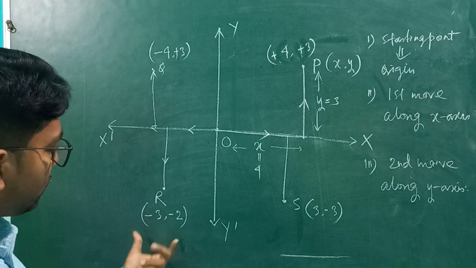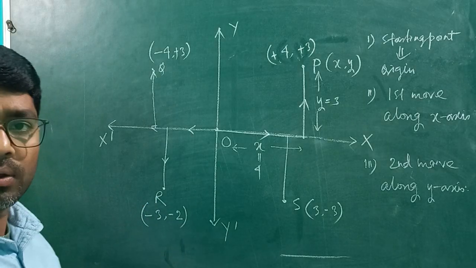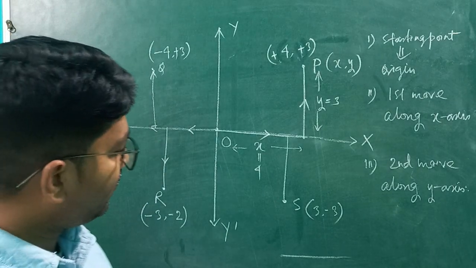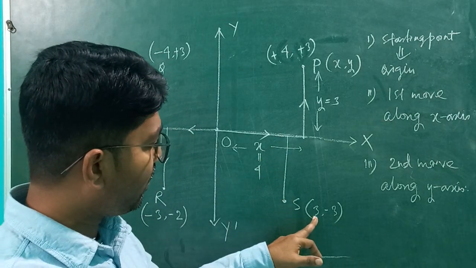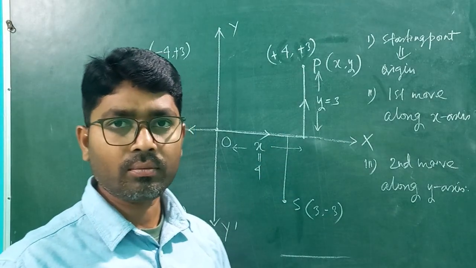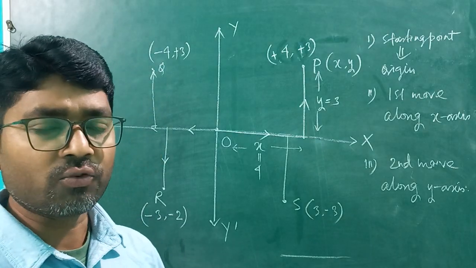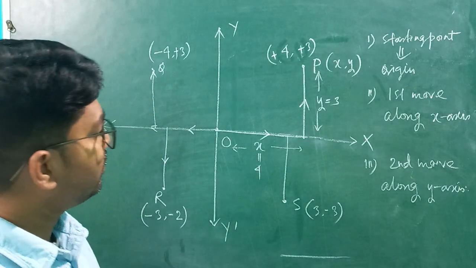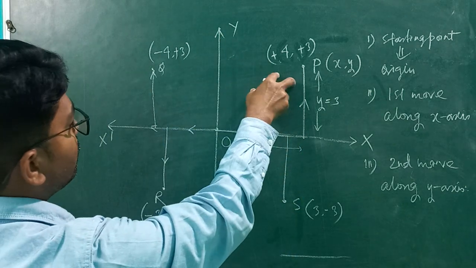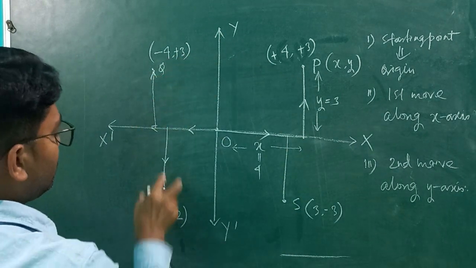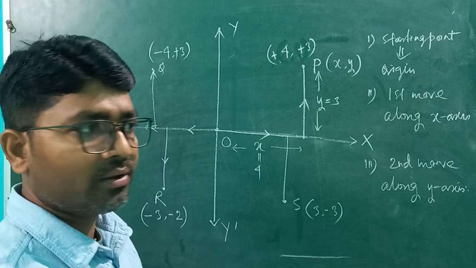As R lies in the third quadrant, both are negative. And as S is in the fourth quadrant, this one is plus and minus. So, clear? In this way, we can specify the position of any point in this quadrant, this quadrant, this quadrant, this quadrant, or this quadrant: first, second, third, or fourth.